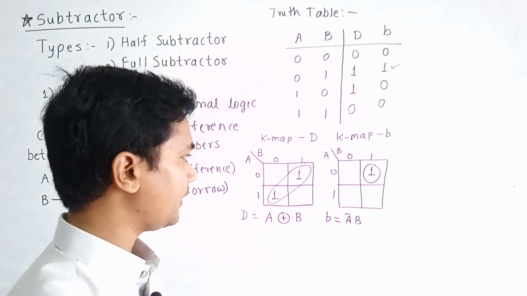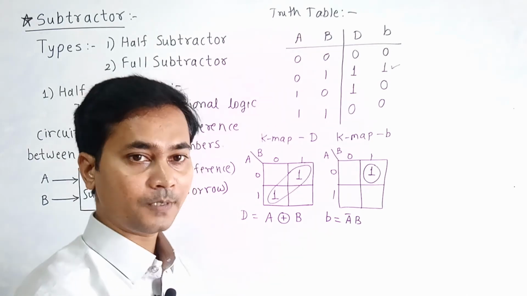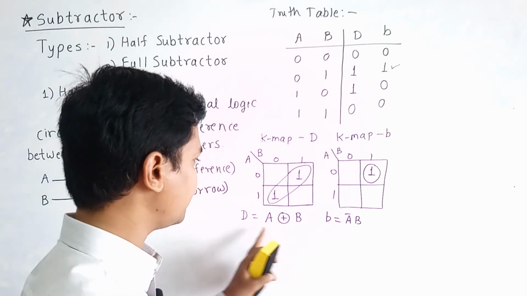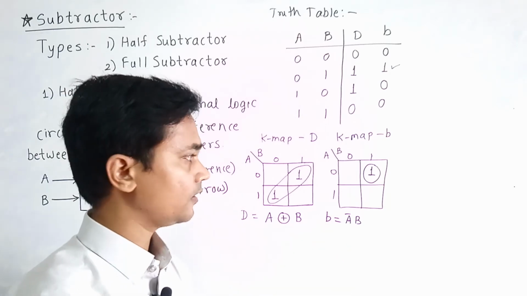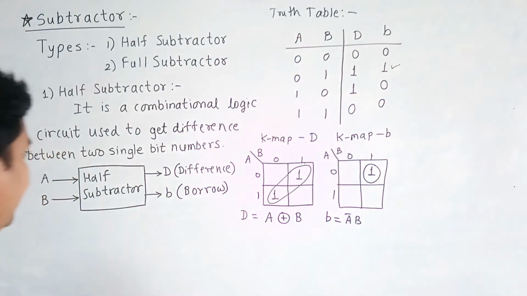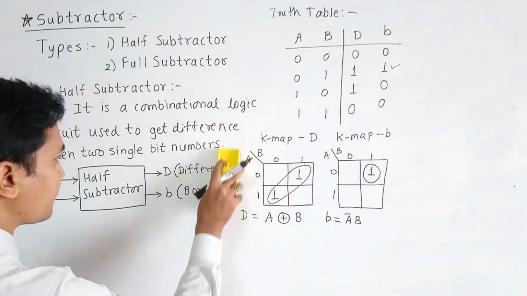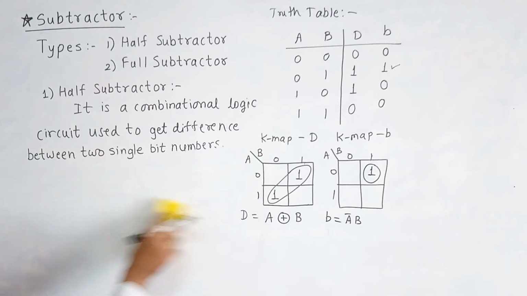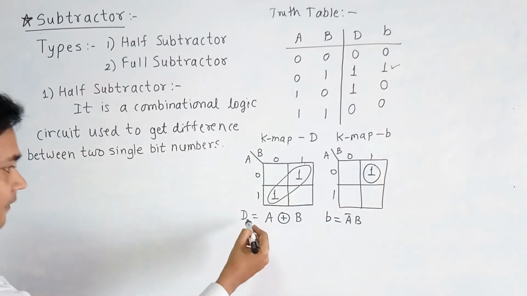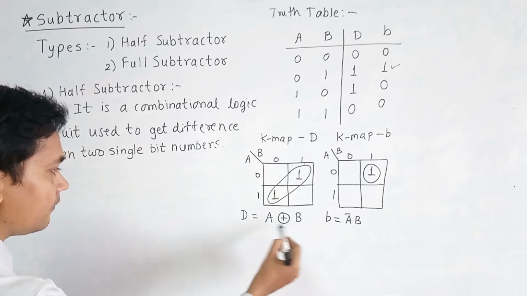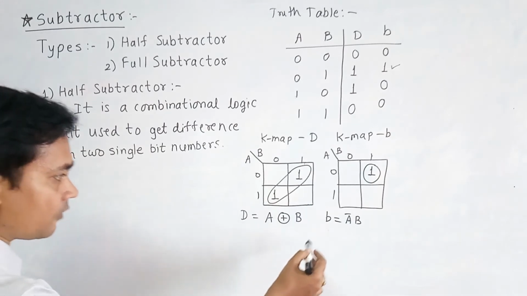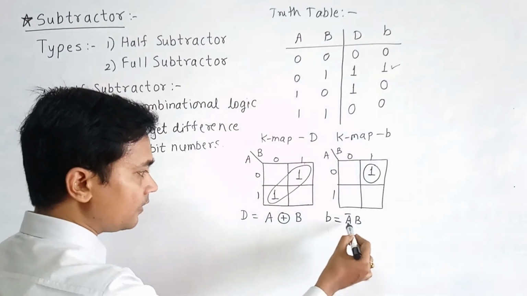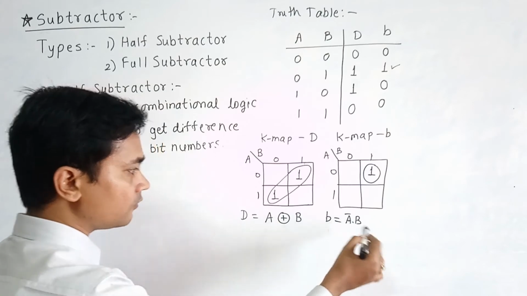Now the last step is we have to implement this circuit for difference and borrow, okay. So let us draw the logic circuit for this. So here for difference we are having A and B, that means the XOR operation is there, and for the borrow operation we are having A bar into B, okay.